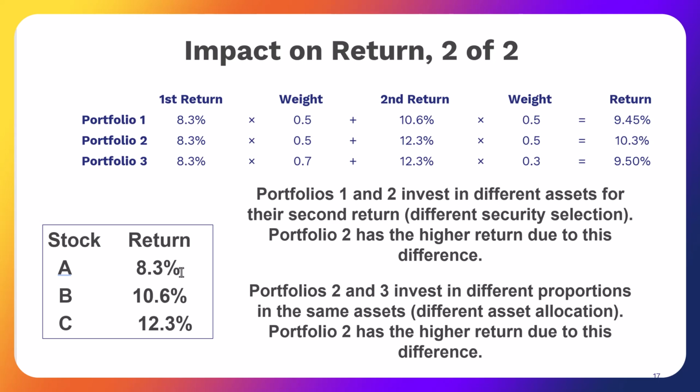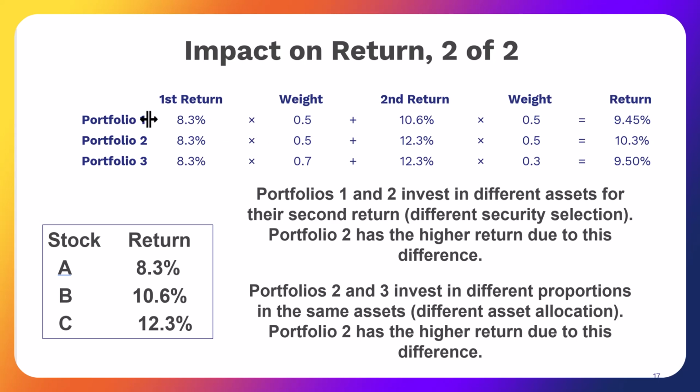We have 8.3%, 10.6%, and 12.3% as the returns of those stocks. If we put them into portfolios, in portfolio one, we have 50% in each one. So the formula, 50% of 8.3 plus 50% of 10.6, gets us 9.45%.